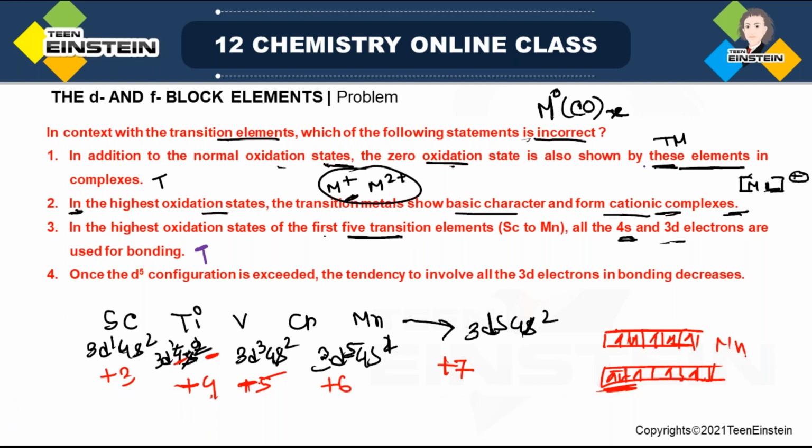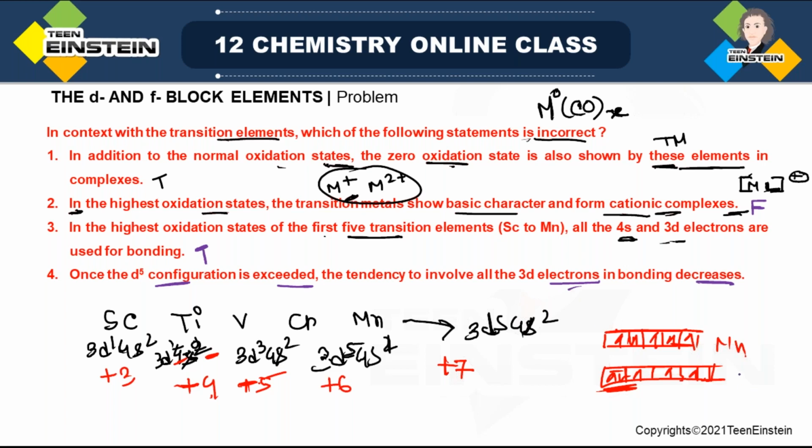This is true, and the second statement is false, which we have already seen. And the last one: once the d5 configuration is passed, the tendency to involve all the 3d electrons in bonding decreases. Now if statement 3 is true, obviously 4 will also be true, because when you move beyond d5, to d6, d7, it is not possible to involve all the 3d electrons.